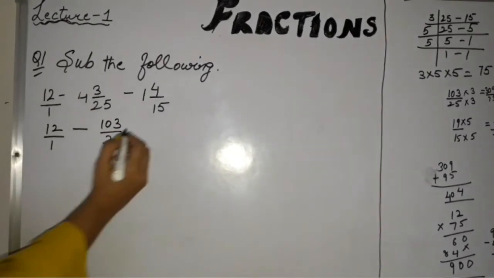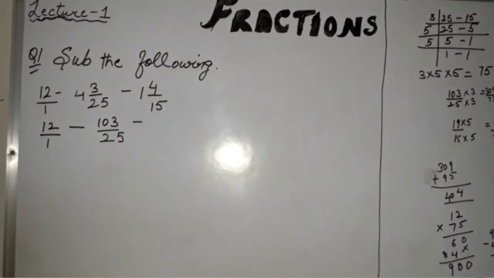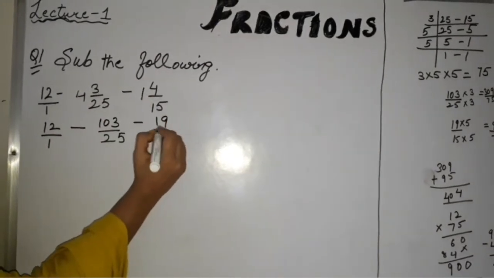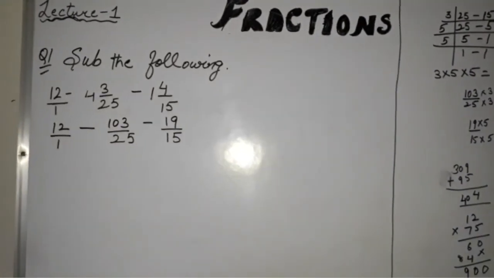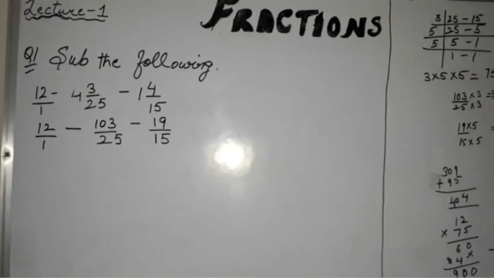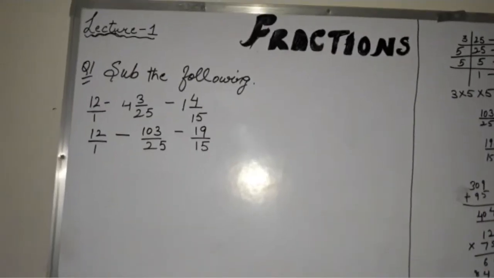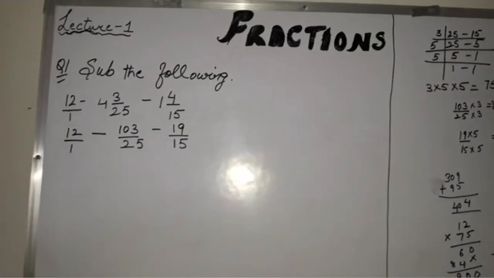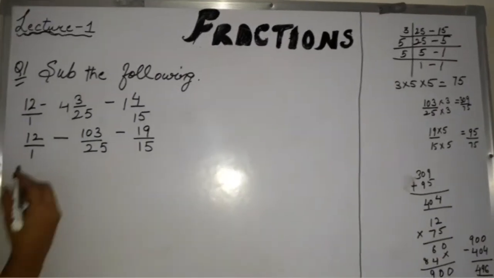Similarly in the next term, 15 multiplied by 1 is 15, and 15 plus 4 becomes 19 upon 15. Now I have the improper fractions which I have to subtract. Now take the LCM of 25 and 15. As you can see on my board, after taking the LCM, I got my answer as 75.